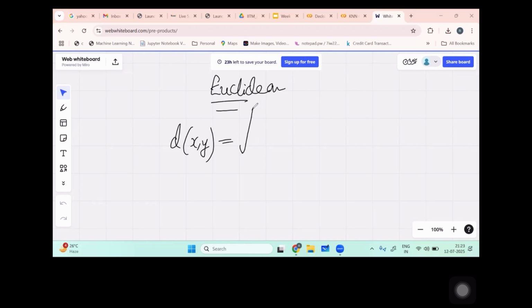It's the square root of the summation of the x observations from 1 to n minus the y observations from 1 to n, squared. It's like a deviation, like a variance part most of them.